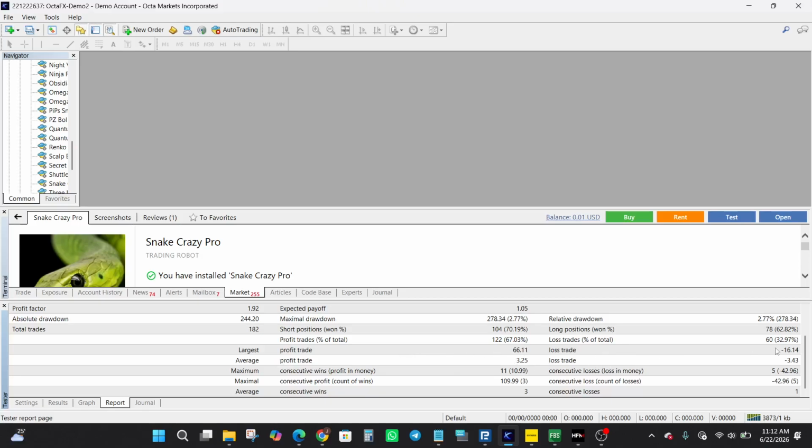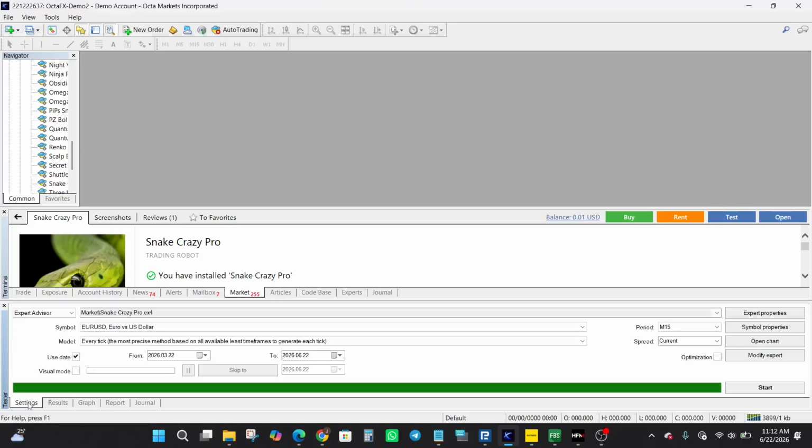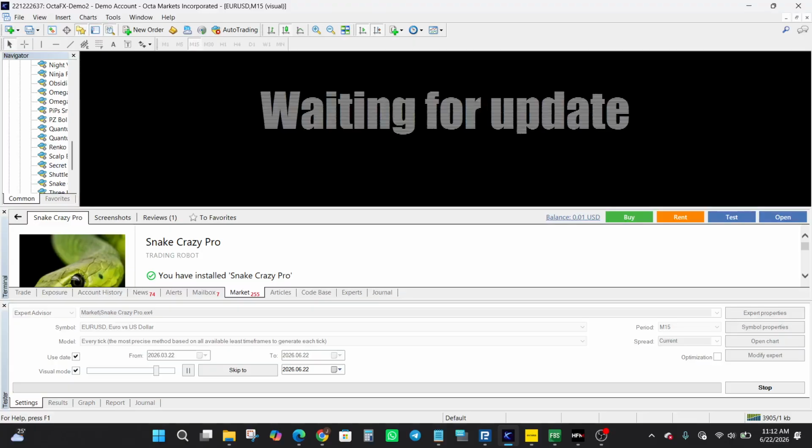The largest loss is 16.14. Average profit 3.25, and average loss is 3.43. So this means that the average risk to reward ratio is bad. Even though the difference is not so much, the average loss is bigger than the average profit. Now let us go and turn on the visual so that we can also see this EA in action.